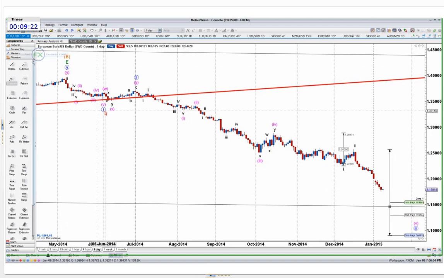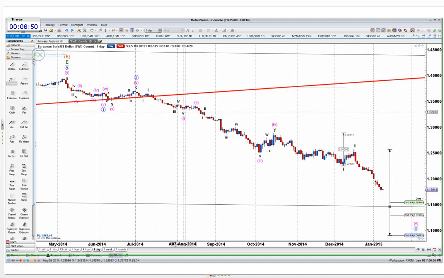Let me show you what I meant by counting the number of waves. 1, 2, 3, 4, 5, 6, 7, 8, 9, 10, 11, 12. We haven't completed this sequence yet for a wave 3, but you can see that this blue wave 3 is very, very extended as we're counting it.